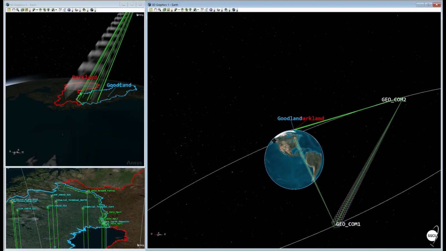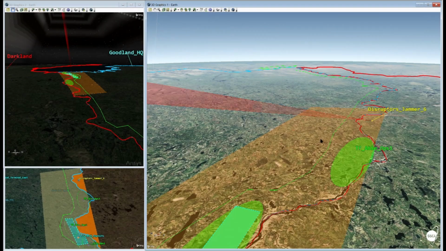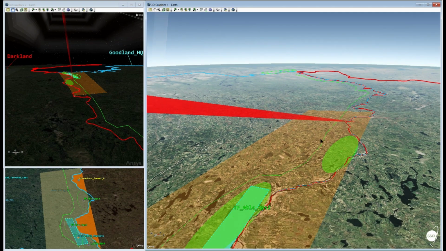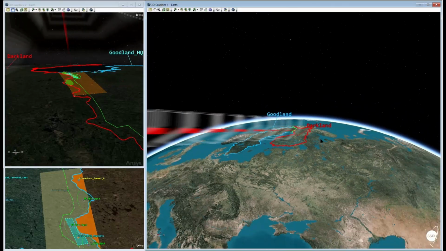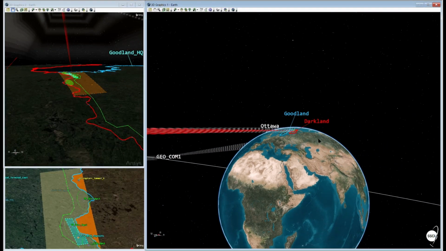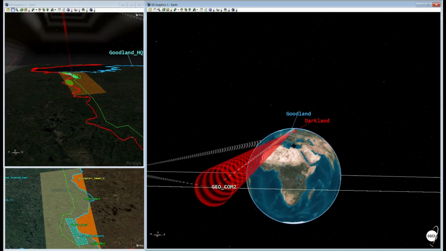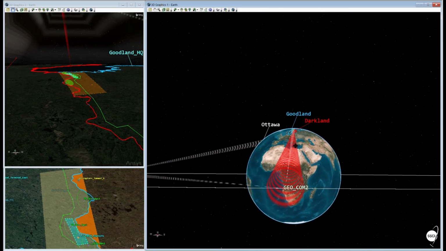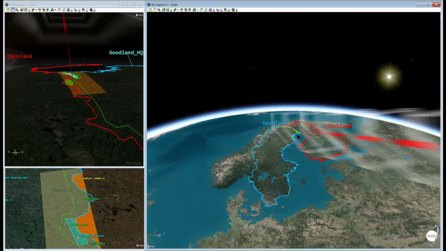So what does GEO disruption look like in practice? Here, a ground-based jammer is introduced to interfere with the GEO satellite. Rather than attacking the satellite itself, the jammer transmits noise at the same frequency used for satellite communications. The satellite remains intact, but the signal becomes unstable.